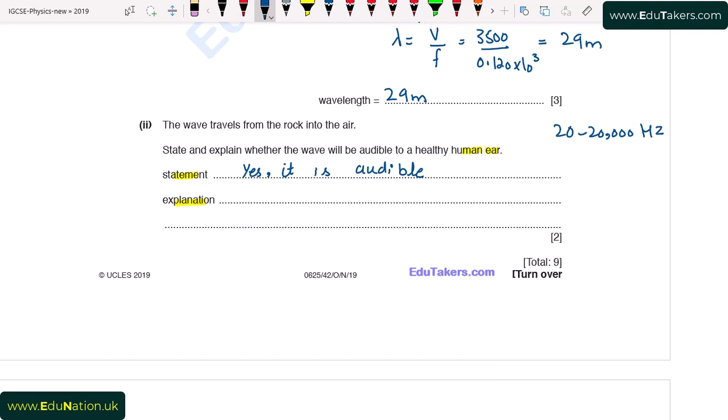So in the explanation I write because frequency remains same. That's why this frequency that lies from 20 to 20,000 Hertz is heard by the human ear.